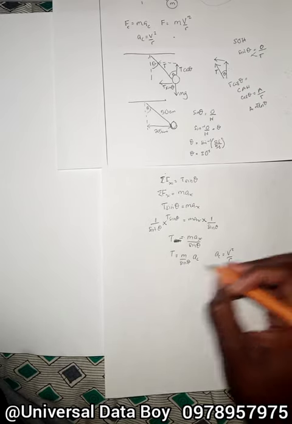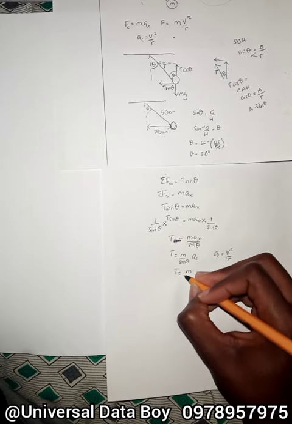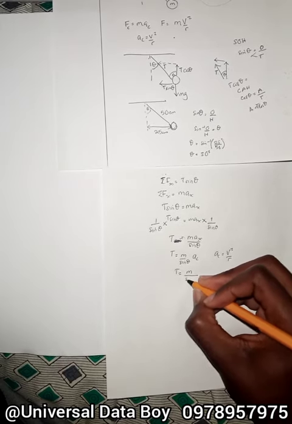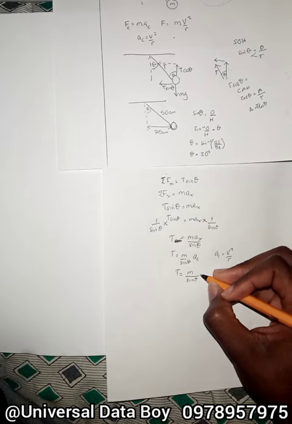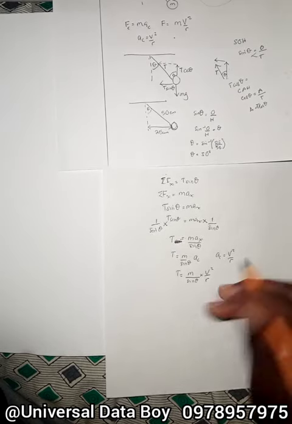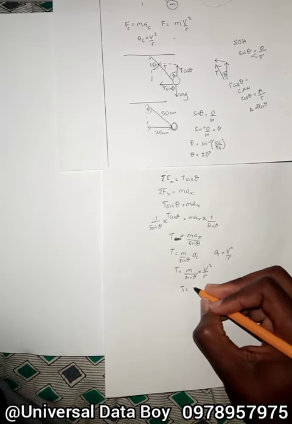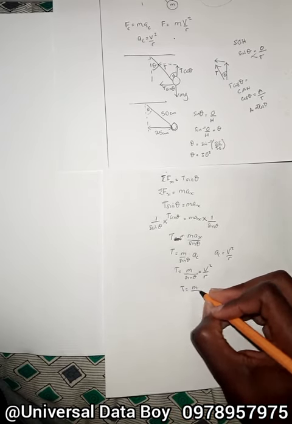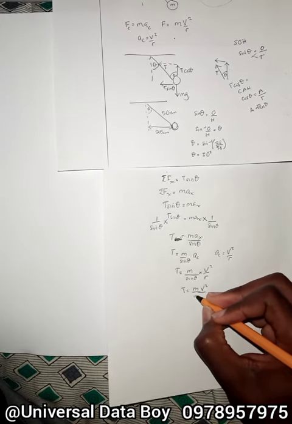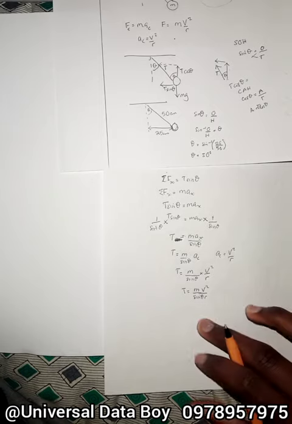So T will be equal to m over sine of theta times v squared over r, so T is equal to m v squared over sine theta r.